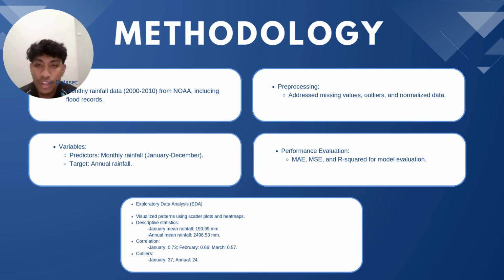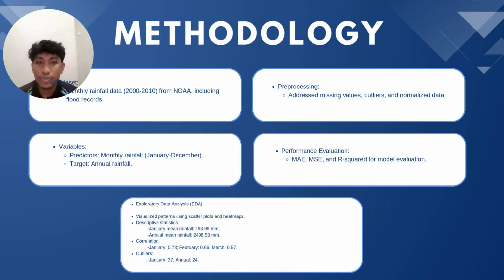Third, we need to identify variables. For my dataset, the predictors are monthly rainfall, from January to December. The target is annual rainfall. After we identify the variables, we need to perform evaluation like MAE, mean absolute error, MSE, mean square error, and R square.